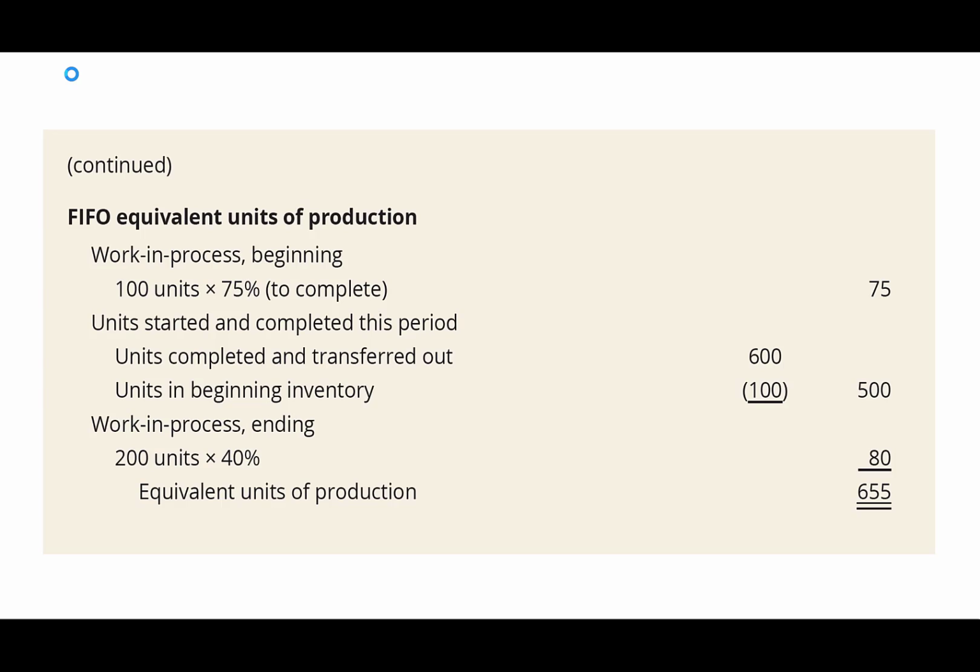And then just like we did under weighted average, we give ourselves credit for whatever work we've done on the ending inventory, right? It's a little different approach. Like I said, neither of these are hard. The hard part is staying flexible enough to go from one method to the other, because on your exam I could ask you FIFO versus weighted average, right?